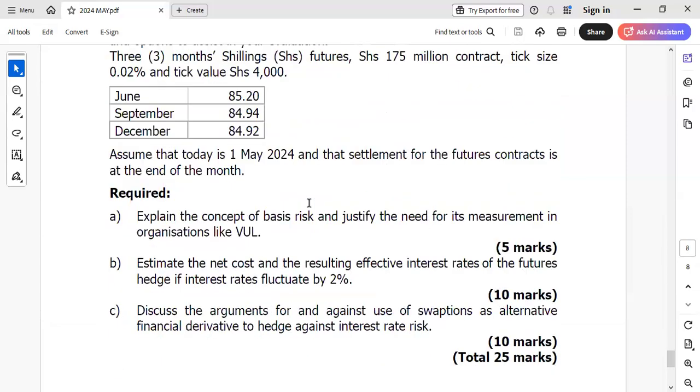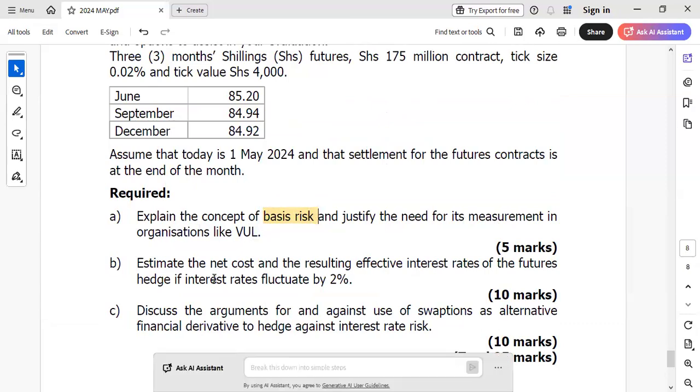But May 2024, this is what I was saying: explain the concept of basis risk and justify the need for its measurement in organizations like VUL.